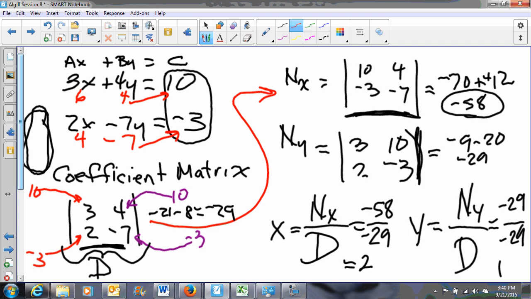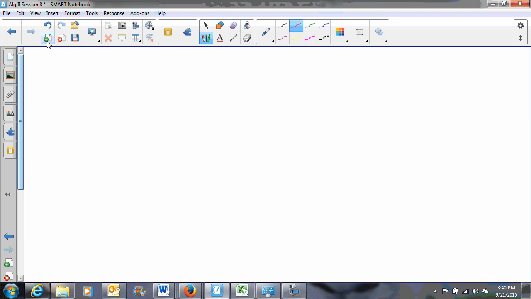All right, let's try one that you could work on. Let's come up with another system here. How about negative 2x plus 3y is equal to 1, and x minus 4y is equal to negative 16.